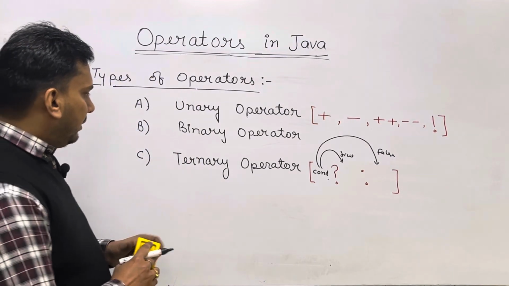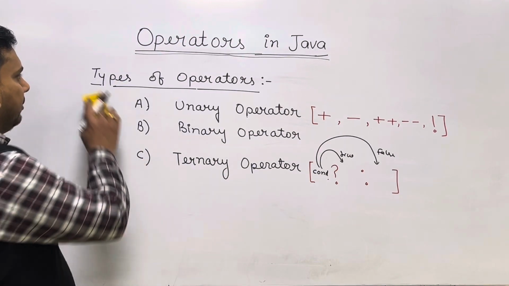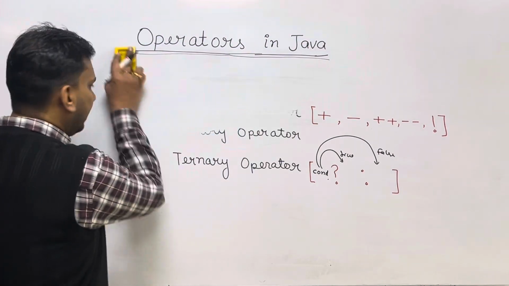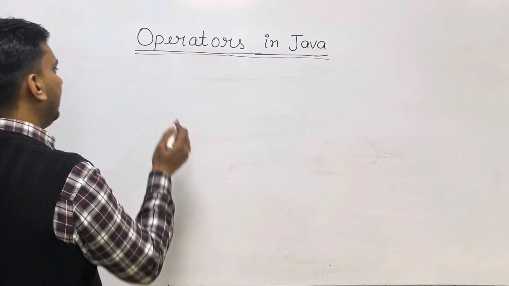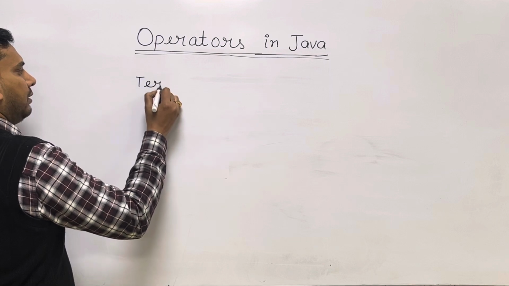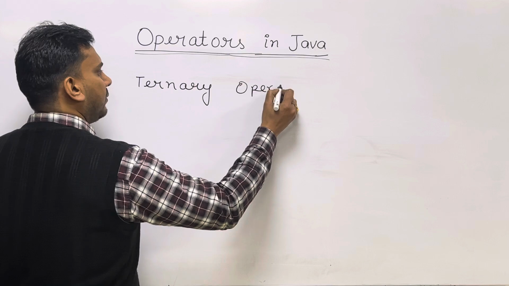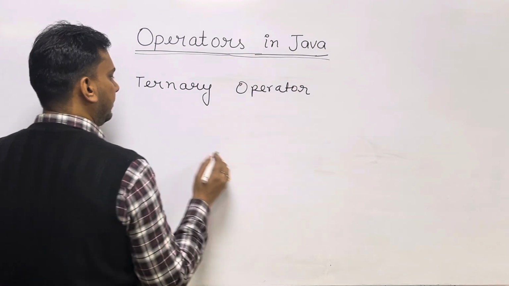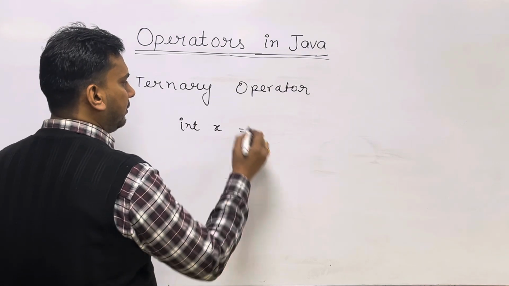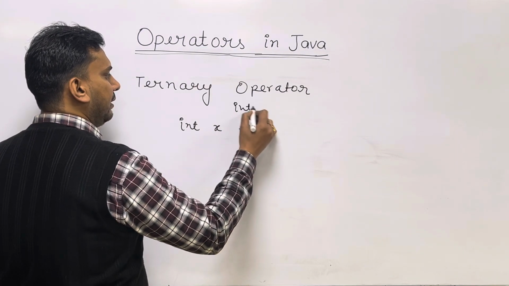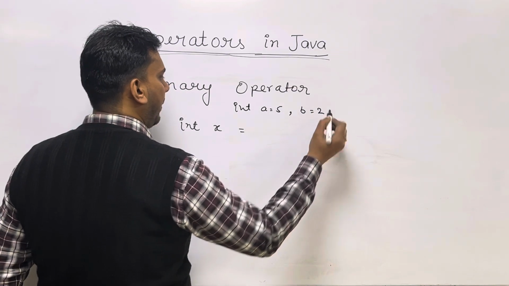Let us take an example for the ternary operator, if then else. Let us say int x is equal to, and I have taken int a is equal to 5 and b is equal to 2.